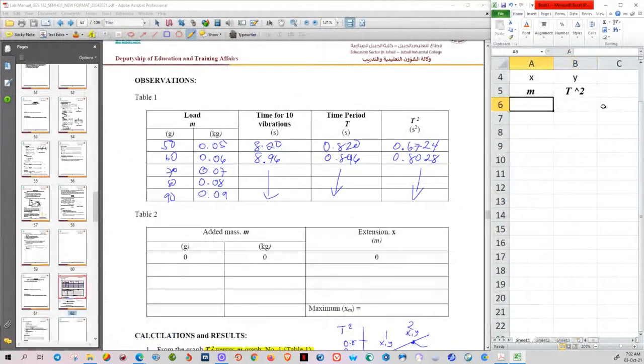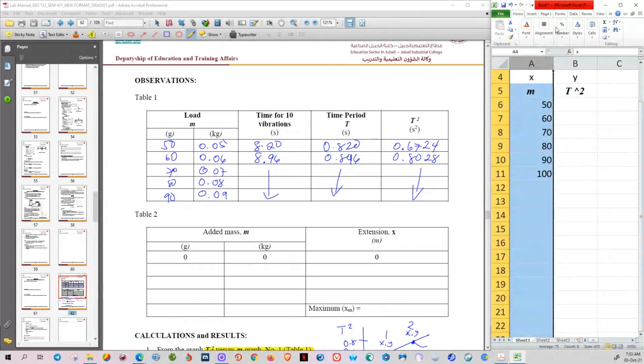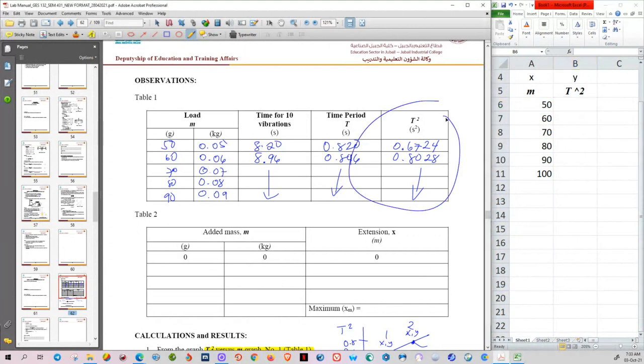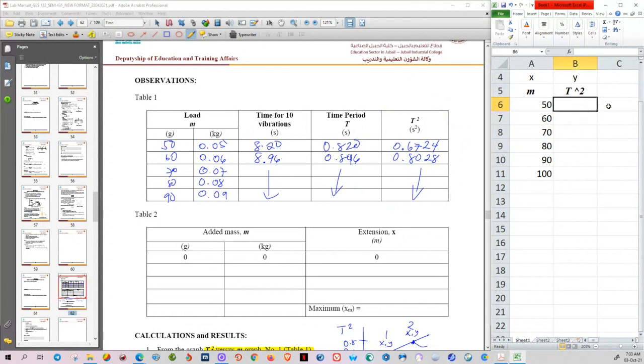So in the masses, you write the masses there. You can start with 50, 60, 70, 80, 90, or 100, if you have 100, for example. And then t squared is this value here. At 50, what is the t squared? 0.6724. At 60, 0.8028, and so on.